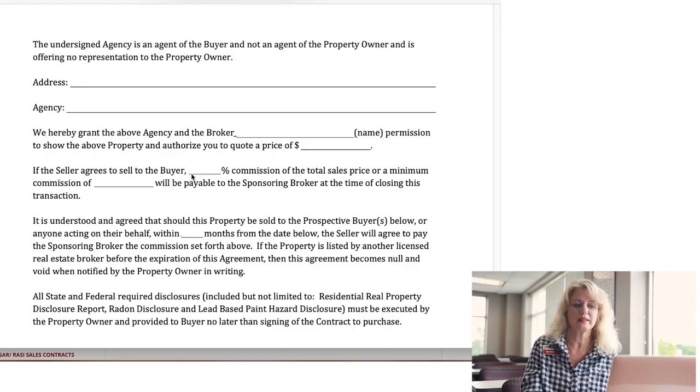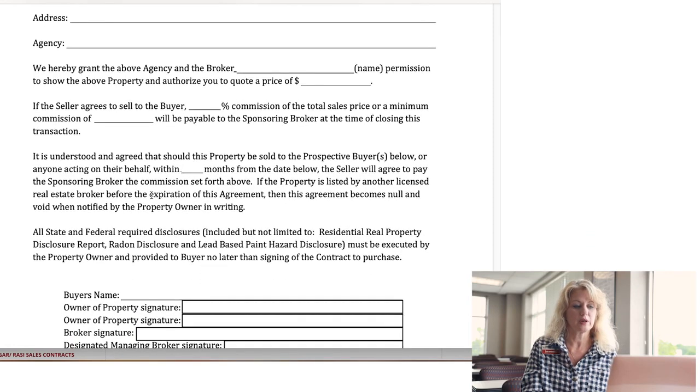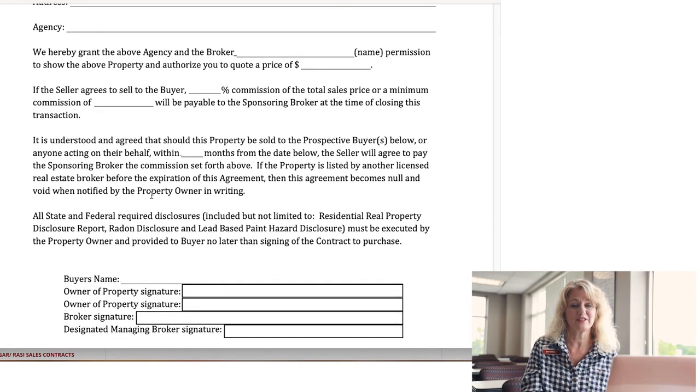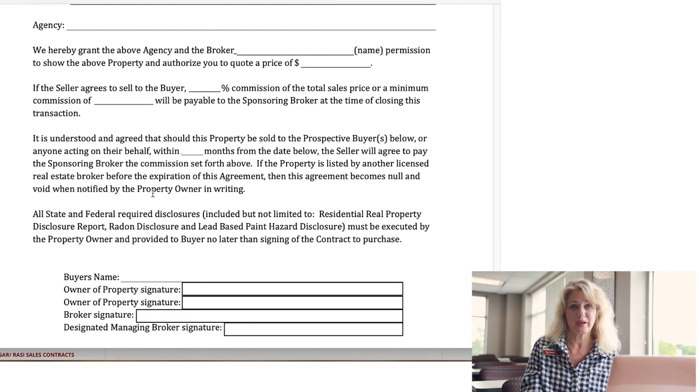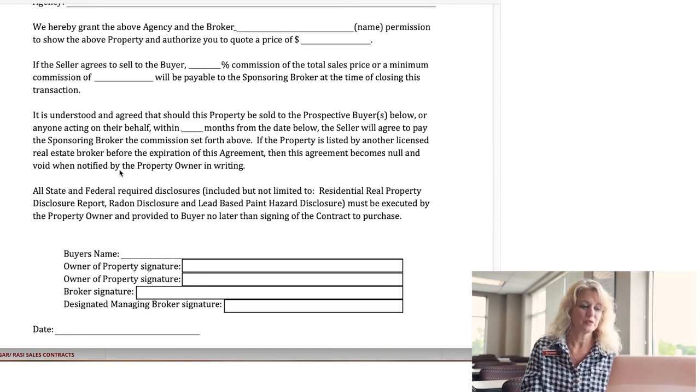Or you can just repeat the percentage. If this is 2.5%, then you would put 2.5% here. Whichever you and your client are most comfortable with. And then, of course, you and your for sale by owner, whom you don't represent, whatever they are comfortable with. In agreement, all parties in agreement.